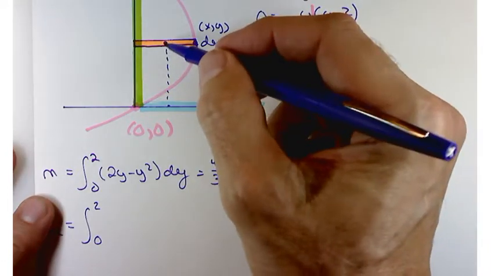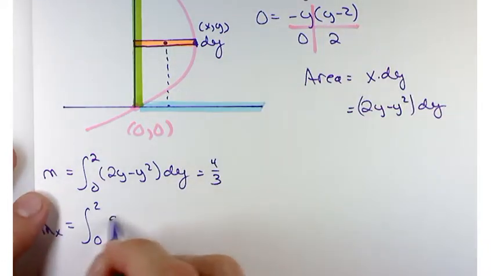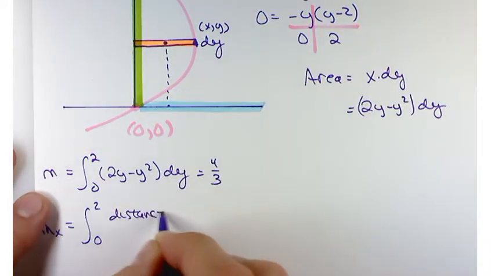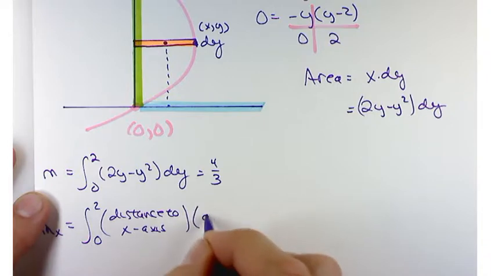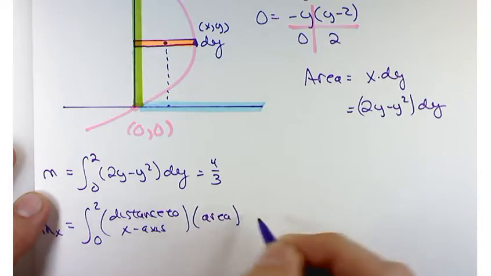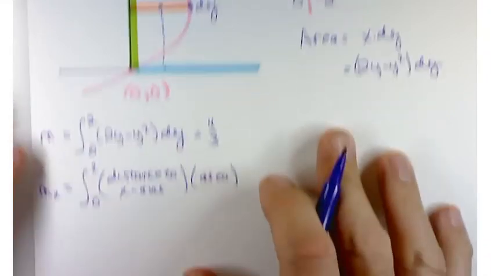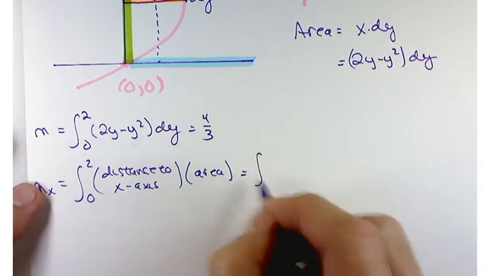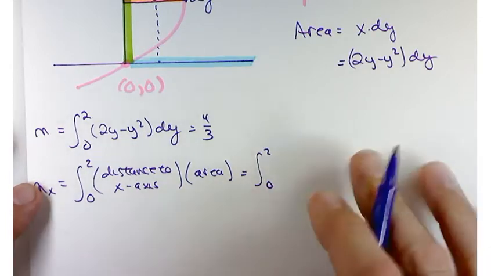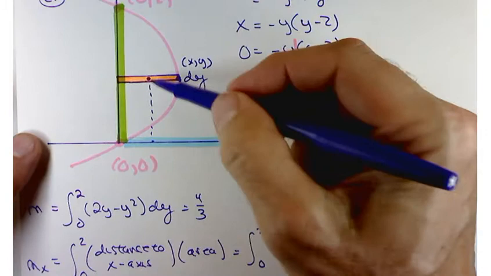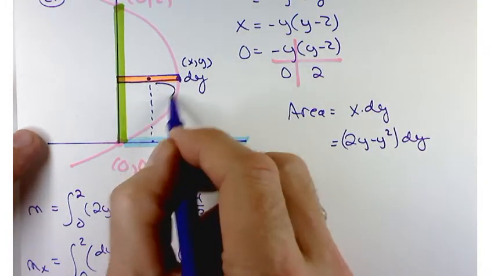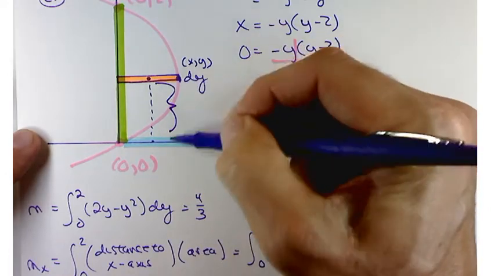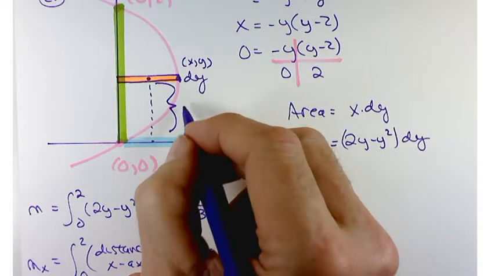So I want this distance to the x-axis times the area. It's going to be the integral from 0 to 2. This distance is the easier of the two. That distance is just y.